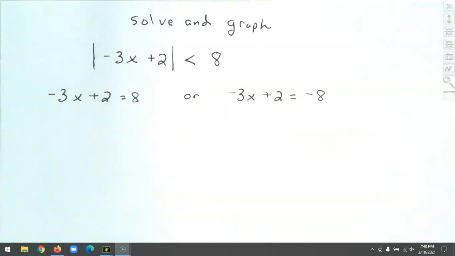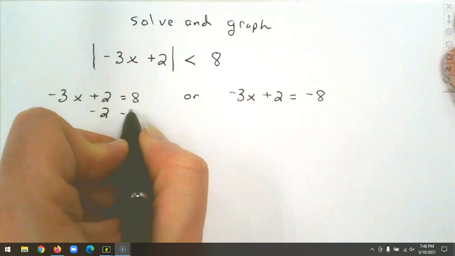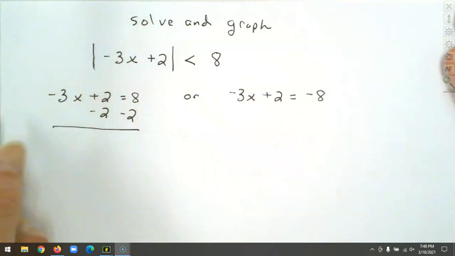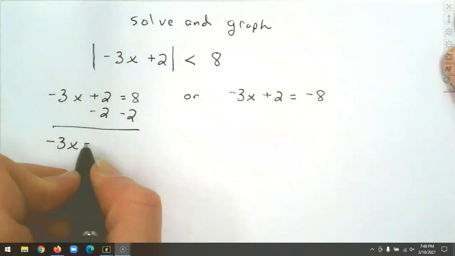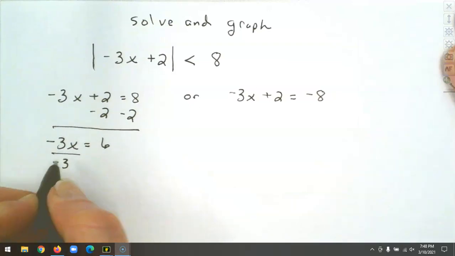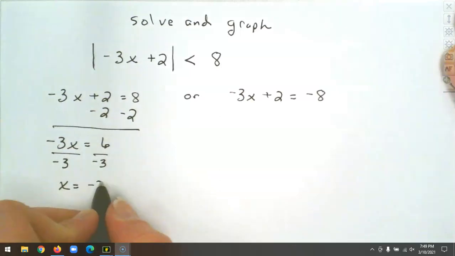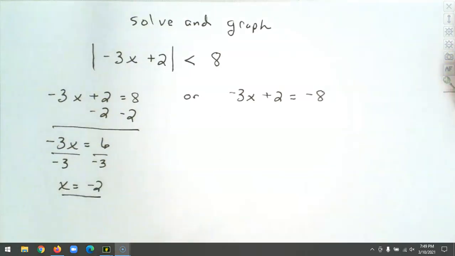So we have a positive 8 for one equation and a negative 8 for the other. Now we just simply solve them. So move your 2 over. And we've got negative 3x equals positive 6. Divide by a negative 3 and reduce. So one number that we're going to have to check is going to be a negative 2.